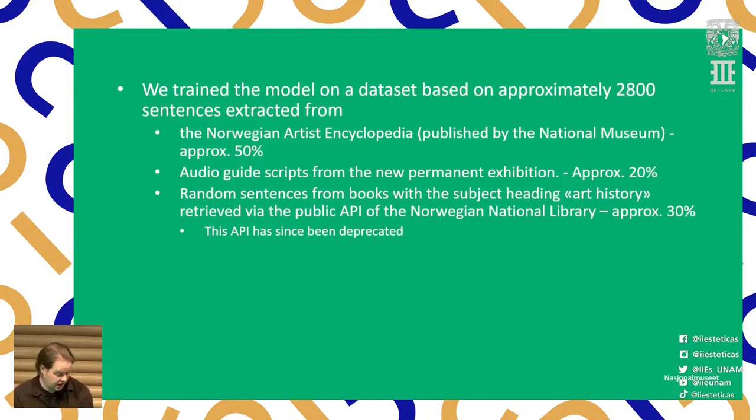And also, we used the public API of the National Library's digitized collection of books to extract random sentences from books with the subject heading Art History. These made up approximately 30%. Sadly, this API has since been deprecated.